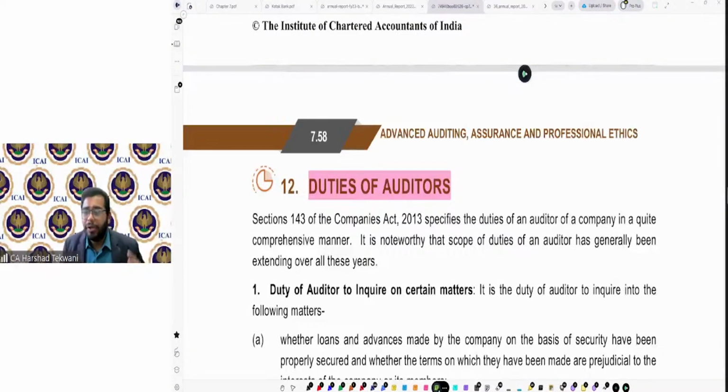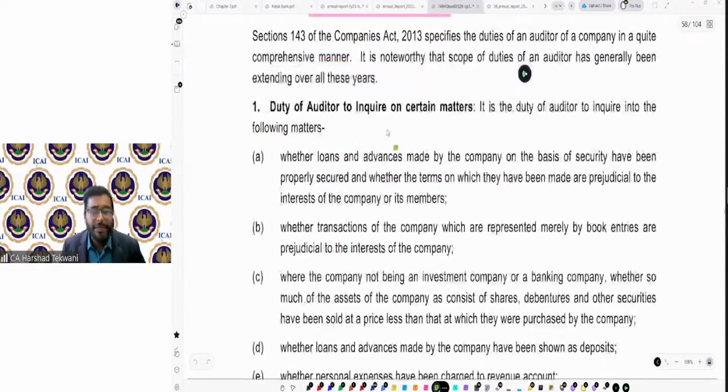The first part of section 143, that is 143(1), talks about duties of the auditor. And the second part is 143(3), which talks about reporting on additional matters by the auditor.